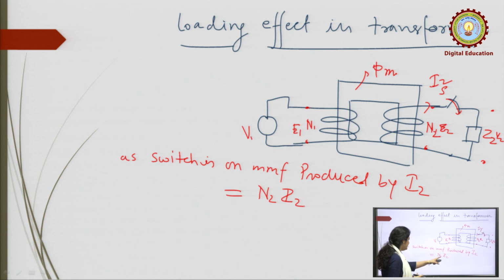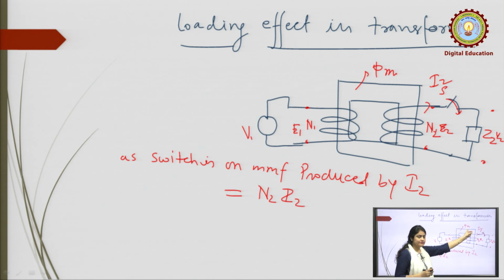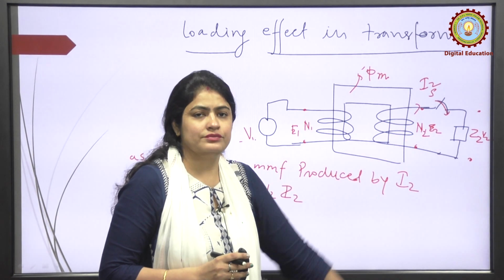So that MMF will create a problem, because the flux due to this MMF will add in this. Because the supply voltage is constant, phi m is constant, and it remains constant whether the switch is on or off.